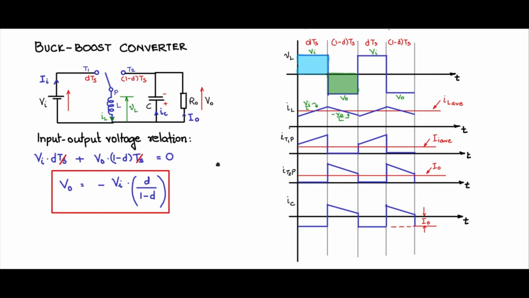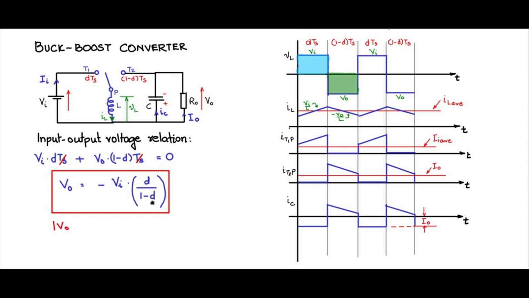Observe the negative sign because of the direction of the measurement here, and because the capacitor charges in reverse here, you will see the negative sign appearing. If you chose the direction of measurement in the opposite direction, this will become a positive one. Anyway, we are bothered about the magnitude of the conversion. So V0 is equal to Vi D by 1 minus D.